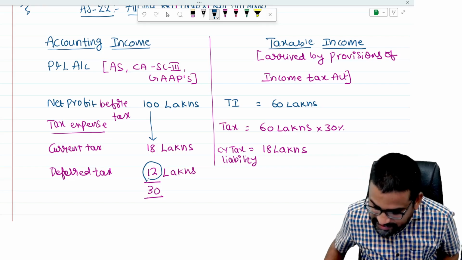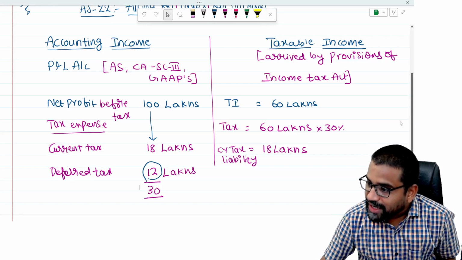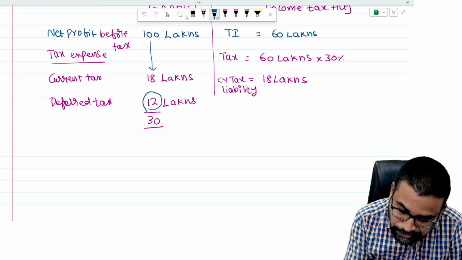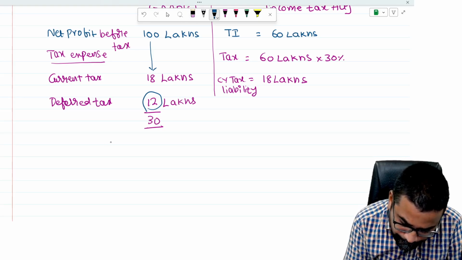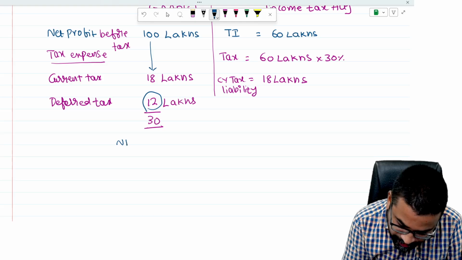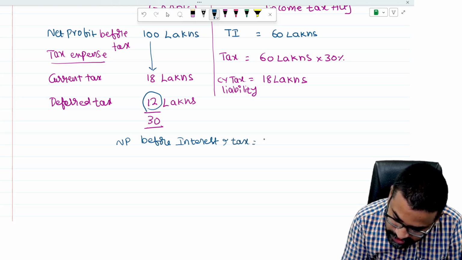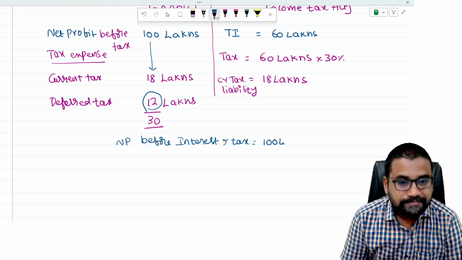I will tell you the best example for timing difference. Listen to me carefully. What is timing difference? Suppose my net profit before interest and tax is 100 lakhs.